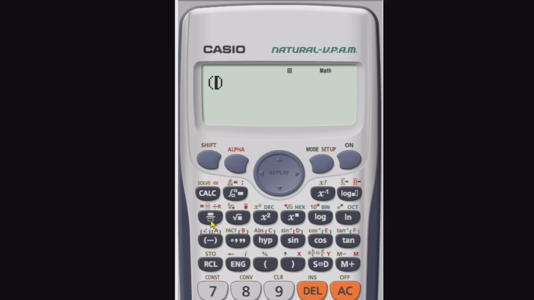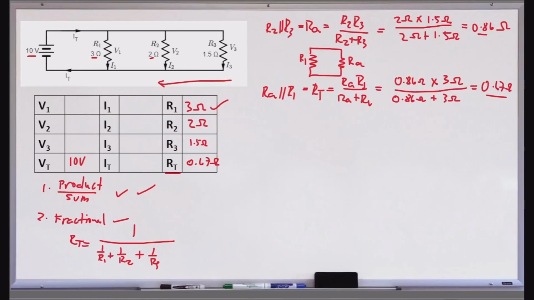And then I'll press fraction sign over 1, and then at the denominator, I have to press again the fraction sign, so that will be 1 over R1, which is 3, and then plus, press the fraction sign again, 1 over R2, R2 is 2, and then plus, and then R3, so that you will see our R3 is 1.5.